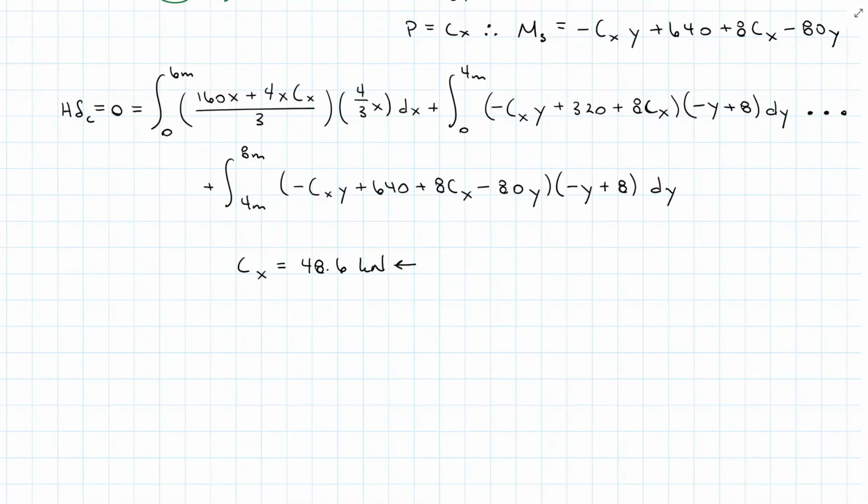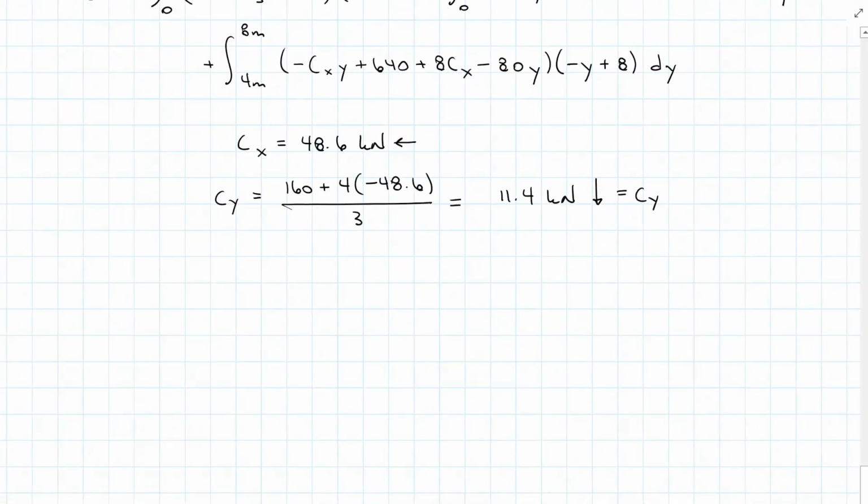Plugging that back into my Cy equation, I get Cy to equal 11.4 kilonewtons, and it also ended up negative, which means it's acting opposite of my assumed direction, down. Remember, when we set up our Cy equation, we assumed Cx acting to the right. So I need to make sure that negative sign is in that equation so I get the correct directions.